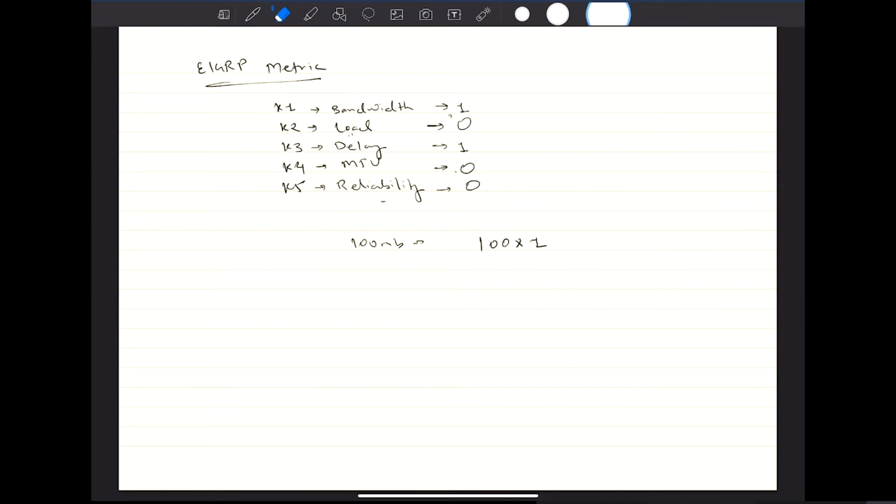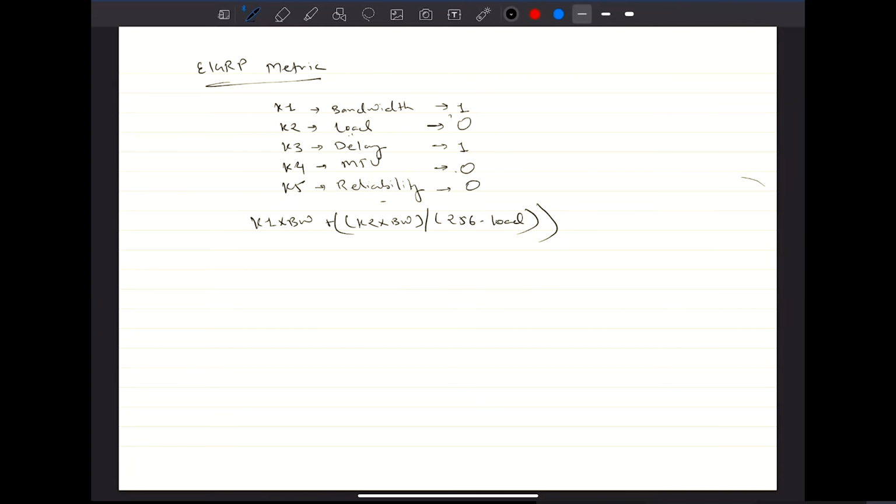And if you look at the metric calculation formula, I'll give you the shortened formula, because the longer formula is K1 multiplied by bandwidth plus K2 multiplied by, I think, bandwidth divided by 256 minus load.